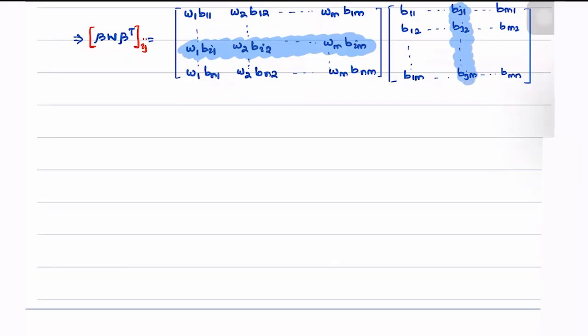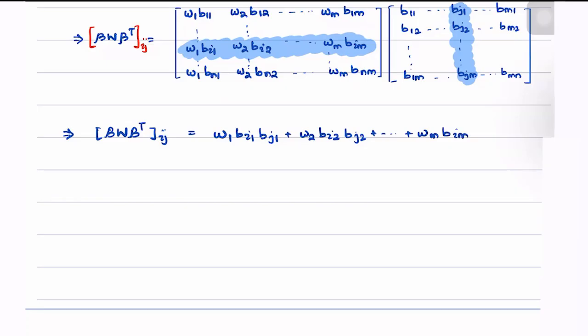This implies that B W B transpose, its ijth entry is simply equal to W1 times BI1 times BJ1 plus W2 BI2 times BJ2 going up to WM BIM times BJM.